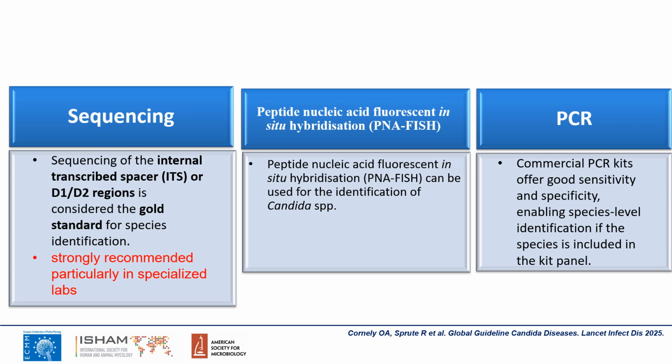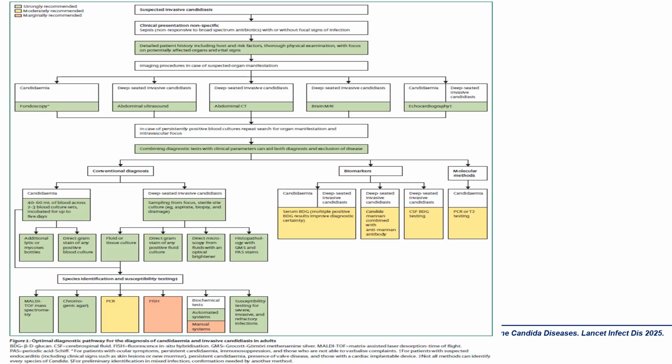Therefore, they can be used for identification of Candida to the species level, provided that the species is included in the kit panel. So finally, I'm going to show you the recommendation panel in the guidelines.